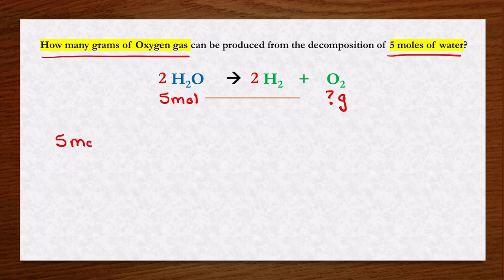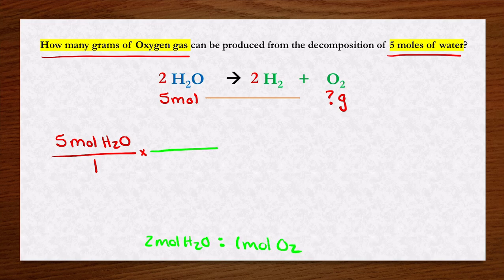All right, so I'm going to go ahead and start my calculation with what's given to me. So I have 5 moles of H2O. And then since I'm in moles, I can go ahead and use my mole ratio. That's step 2 here. So I'm going to set up my mole ratio. And I know that my ratio here is 2 moles of H2O to 1 mole of O2.